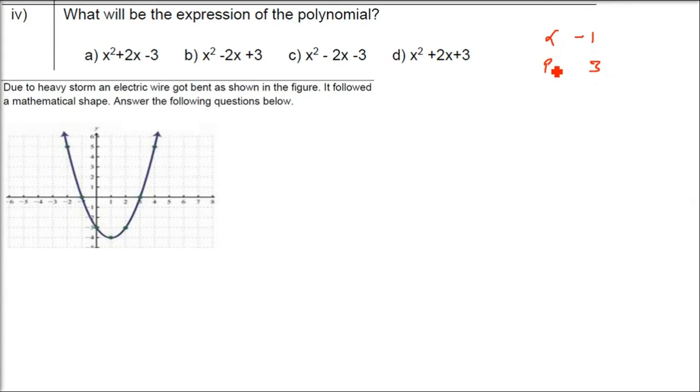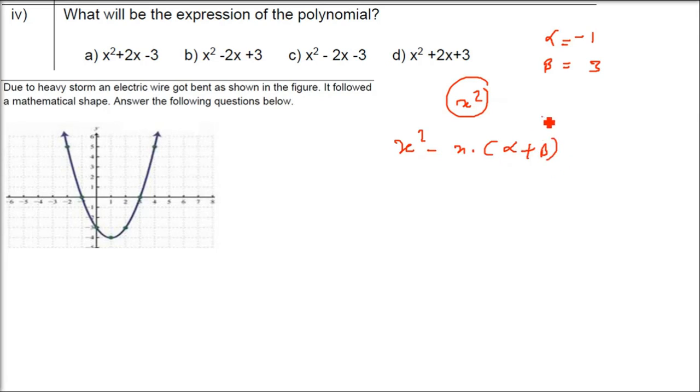So -1 and 3 were the zeros. Basically, they were alpha and beta. These are the roots. Zeros and roots are the same. So alpha and beta are -1 and 3. So what is the expression of the polynomial? Since there are 2 zeros, this is quadratic. So it will be a quadratic equation.